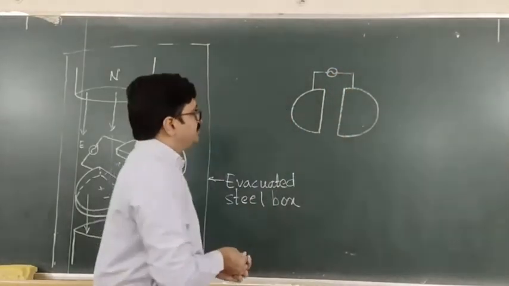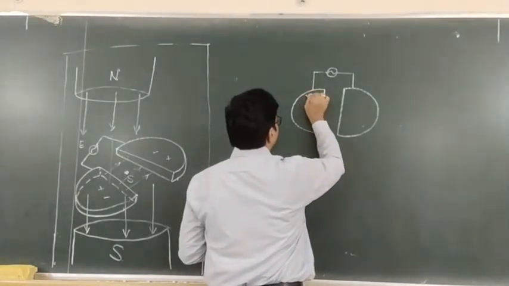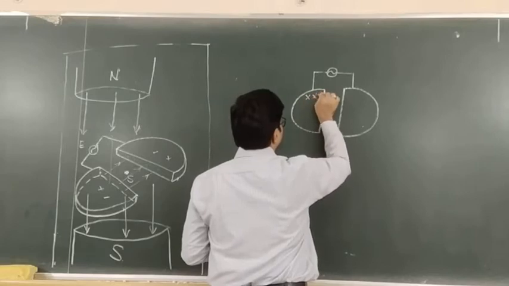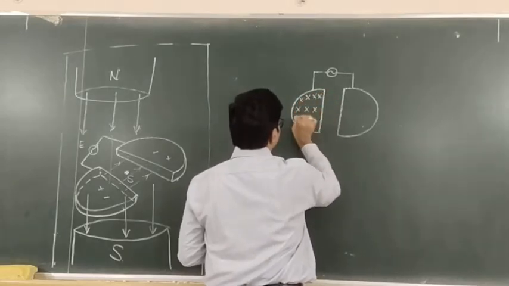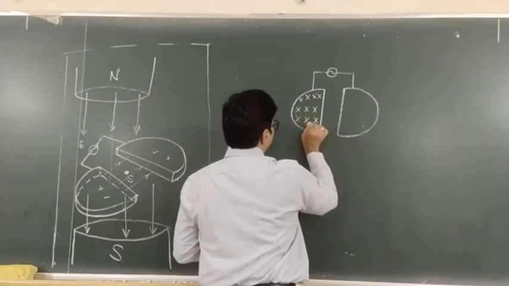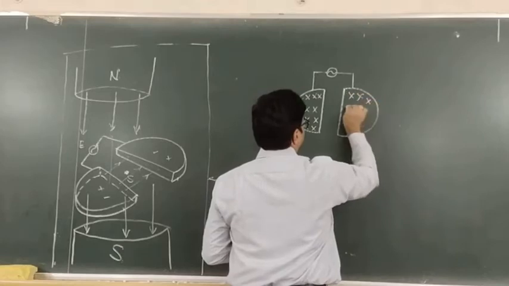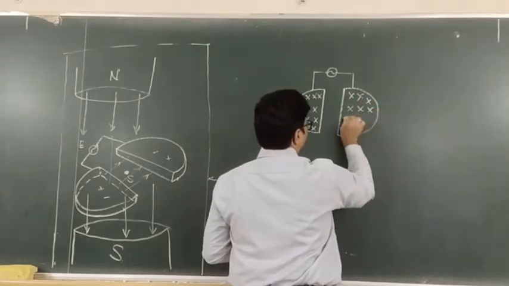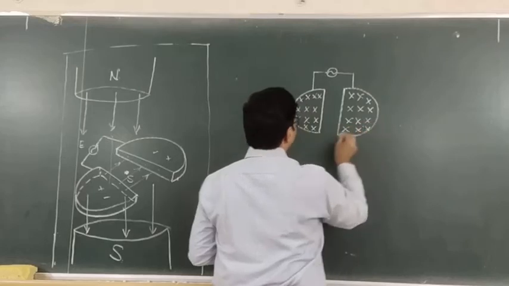Then here I will show the magnetic field as well. I am showing the magnetic field as a cross here, as you can notice, a cross magnetic field.